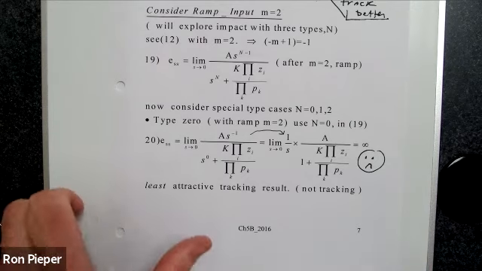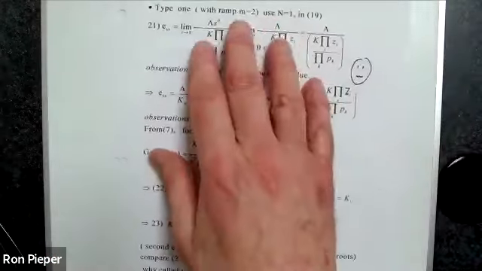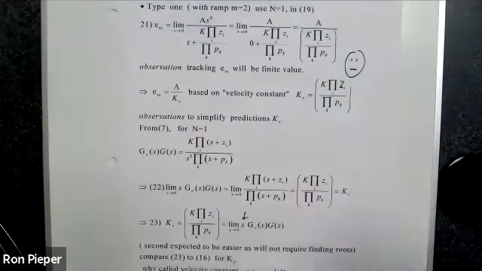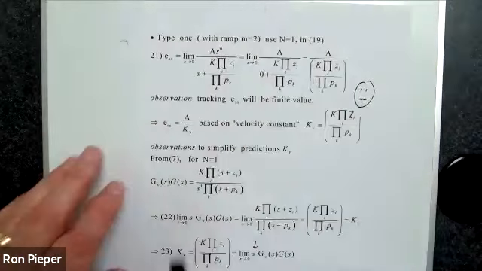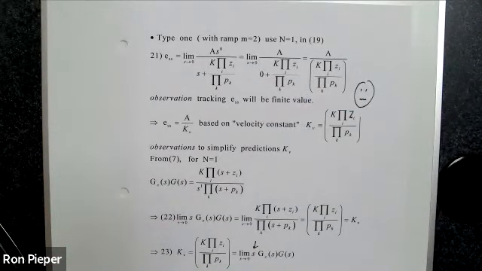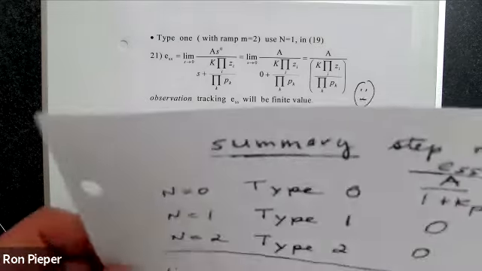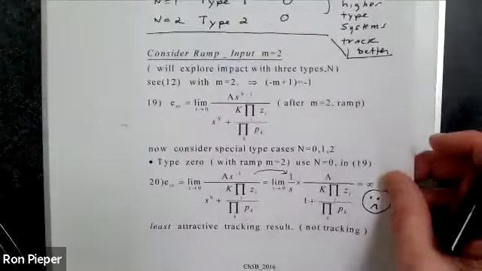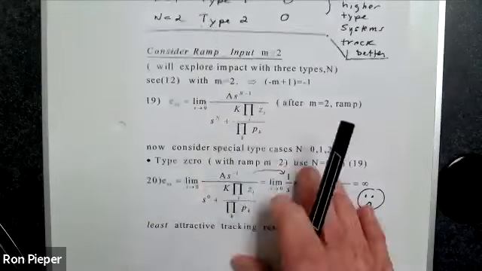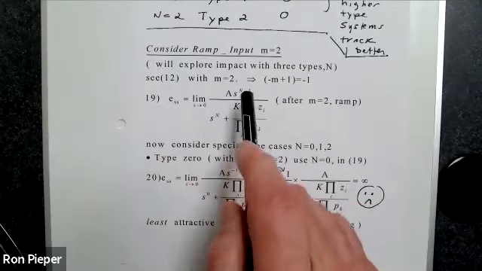Let's move on to the type 1. You need to stop me if you have a question. With type 1, again, we're dealing with the ramp. Again, we're dealing with N equal to 0, N equal to 1. Now it's type 1, so N equal to 1. We can go back to our formula that we ginned up with the ramp in mind after we took M equal to 2, but for arbitrary type.